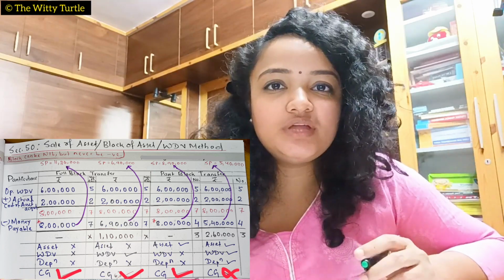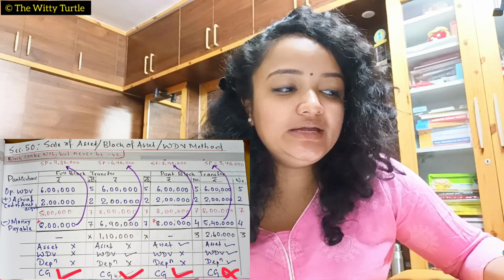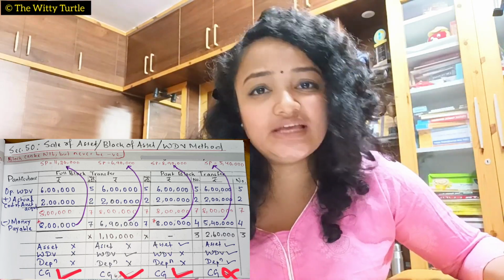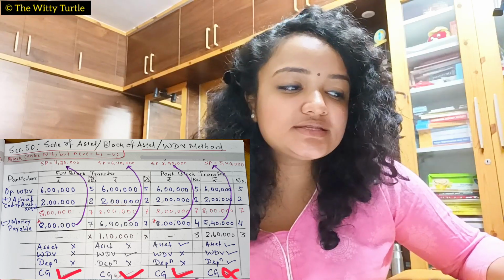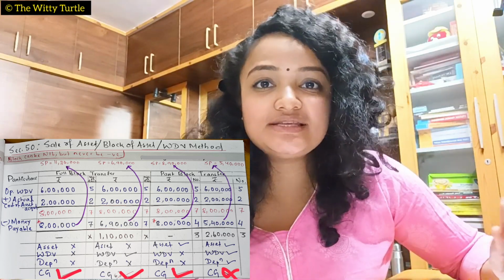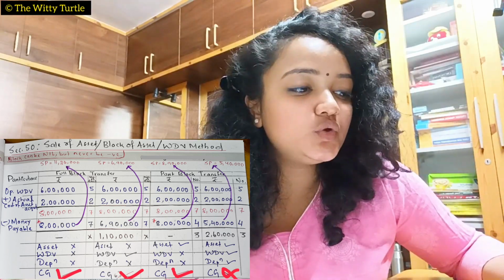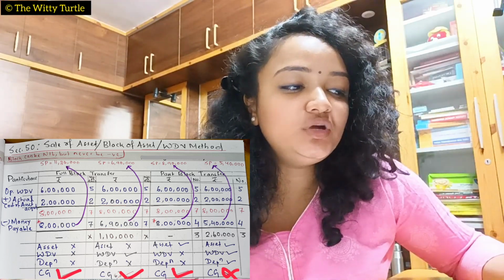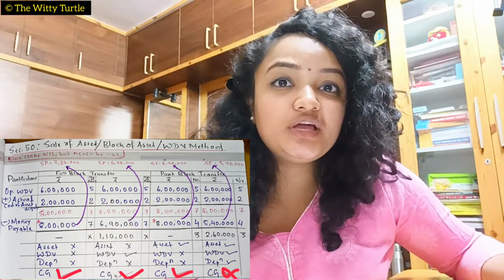As you already know that WDV can be nil but it cannot be negative, so we can take the sale proceed amount only up to the WDV amount, that is your 8 lakhs. So even though the selling price is 8 lakhs and 90,000, we are taking it up to 8 lakhs only. So here your WDV after deducting the money payable is becoming zero.